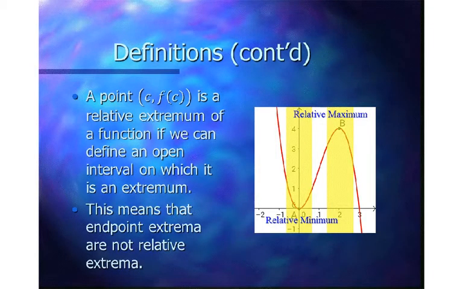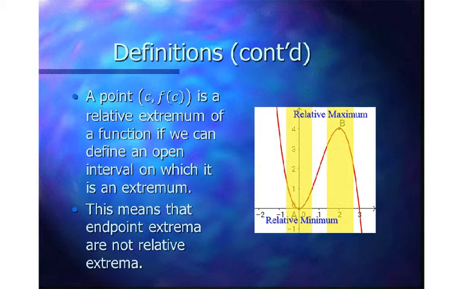One more definition we want to look at is the definition of a relative minimum or maximum, or in general, a relative extremum. And what we say is that a point c, f of c is a relative extremum of a function if we can define an open interval on which it is an extremum. That means that endpoint extrema cannot be relative extrema because endpoints are not included in open intervals.